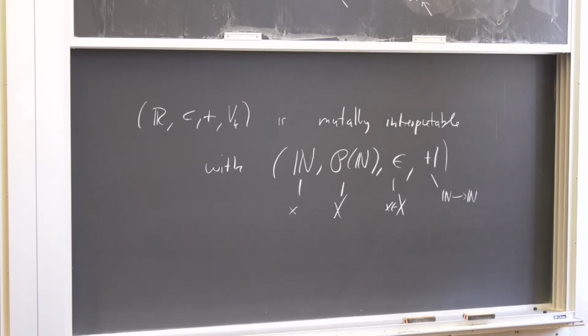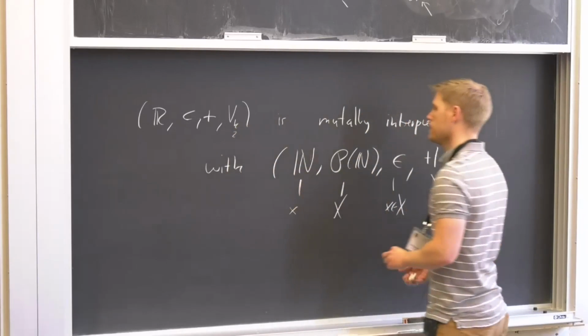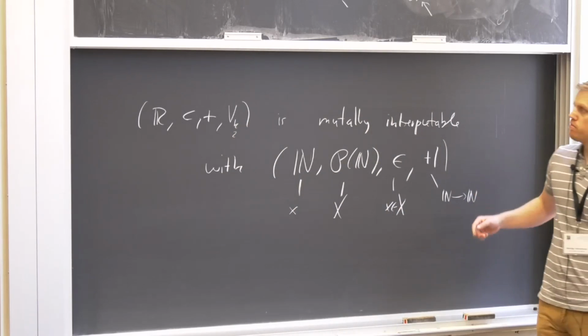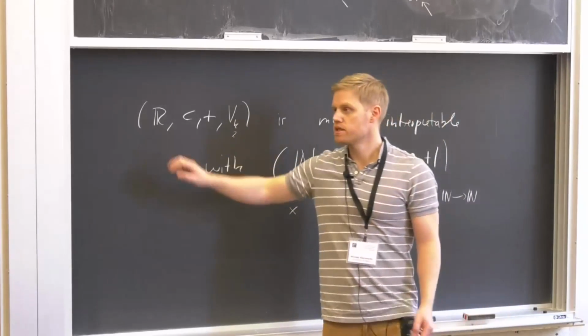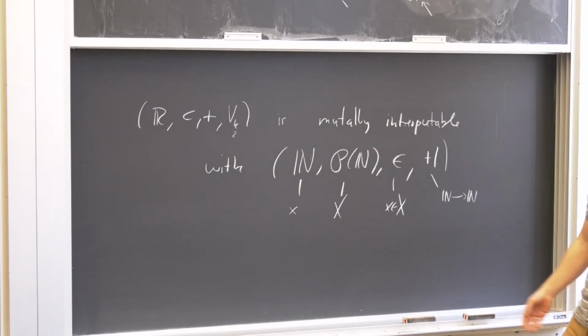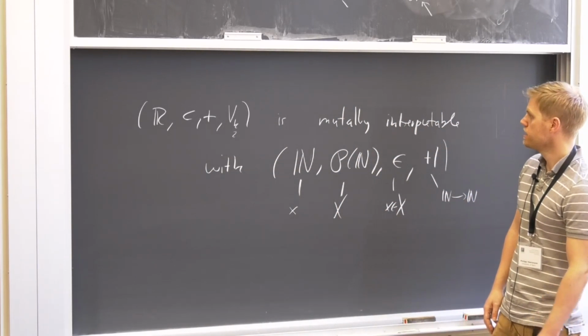If you think about this for a little bit, it's not so hard, in particular in the case that k is equal to 2, but this works for every k, these structures are really more or less the same. Because if you think of binary representations, you can think of a real number as a sequence of 0s and 1s. And a subset of the naturals is also a sequence of 0s and 1s.